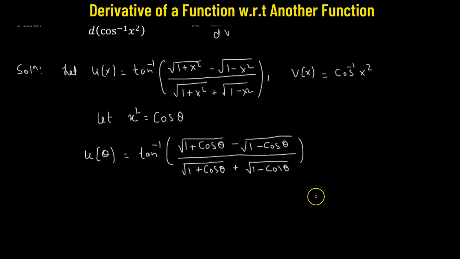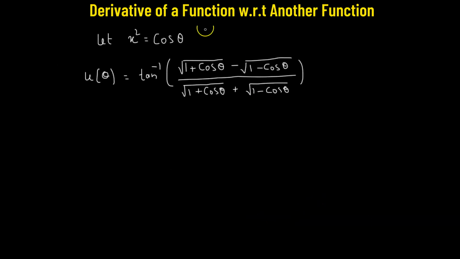Right. Now, here we will use an identity. We know that cosine of theta is given by 2 times cosine squared theta over 2 minus 1, and we can arrange the terms to get 1 plus cosine theta equal to 2 times cosine squared theta over 2.